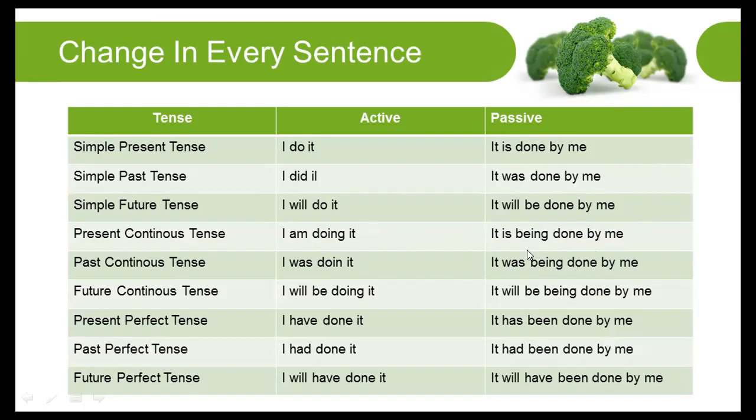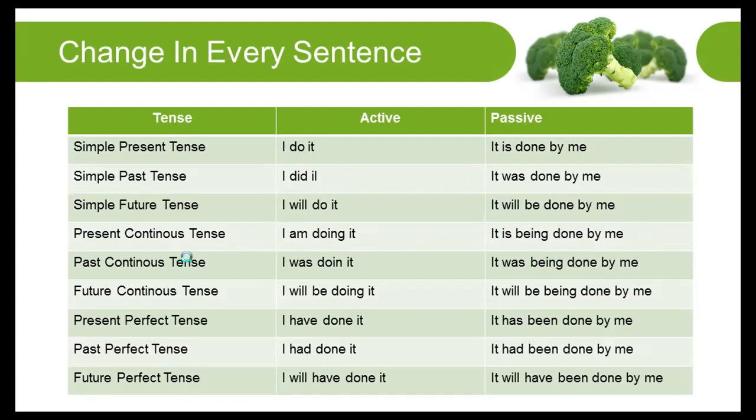After that comes is, because in the present we put the to be is. Now: it is being done. Don't forget this is verb ing in the active, but in the passive sentence we put verb 3, by me. So in passive sentence for the present continuous tense, it is being done by me.